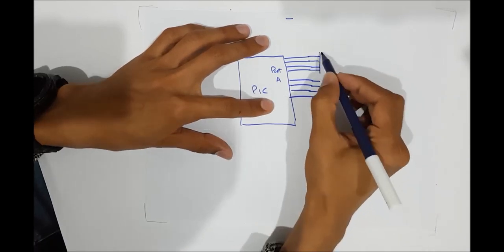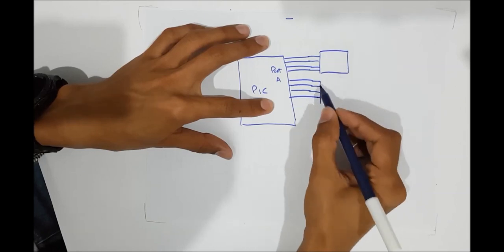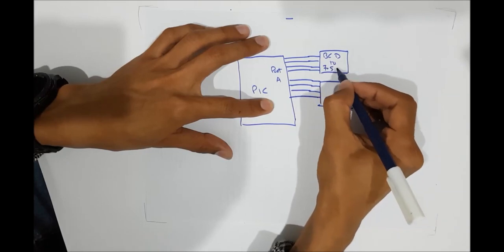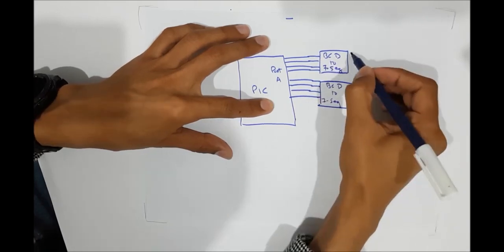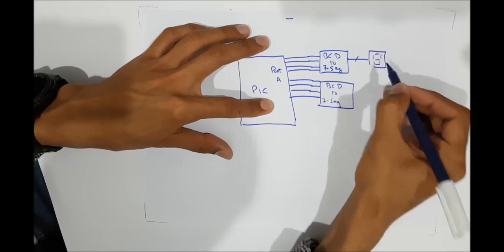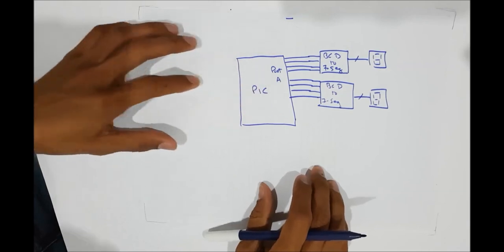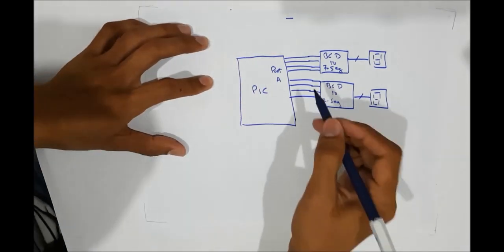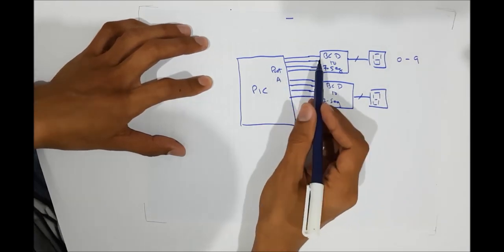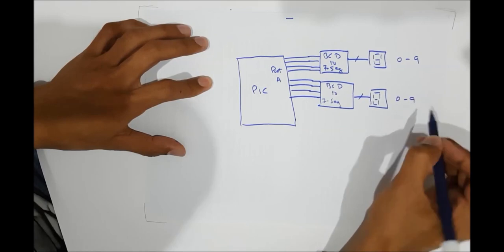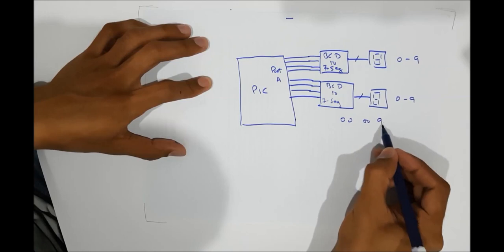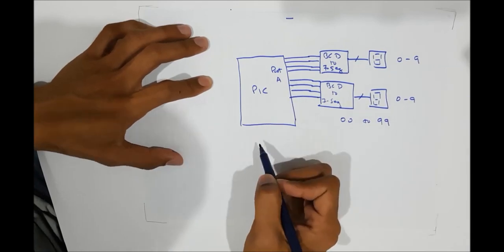What if we add a BCD to 7-segment decoder here, and then we connect a 7-segment display here. So if we send values from 0 to 9 through the lower nibble of port A and 0 to 9 from the upper nibble of port A, we can count from 00 to 99 using a single port.